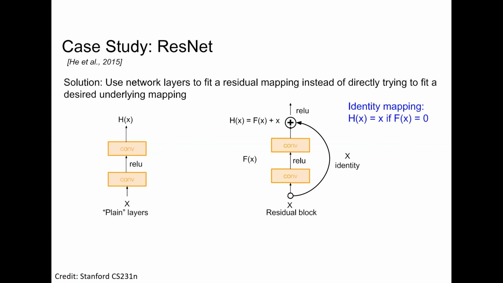What it does is, basically, without the shortcut, these two convolutions will need to transform this X into something totally different. However, using this identity connection, what these two layers need to learn is only the difference between the input and the output. Therefore, the burden for these two layers reduces.